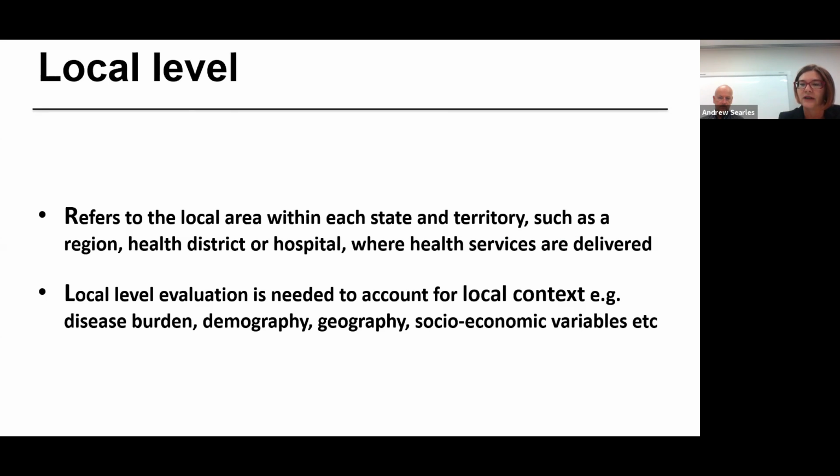So for example, here in the Hunter, New England area, we have quite a wide-ranging populations. We've got metro, we've got rural, and we've got remote, and making health services decisions in the health service across all of those different populations is important.